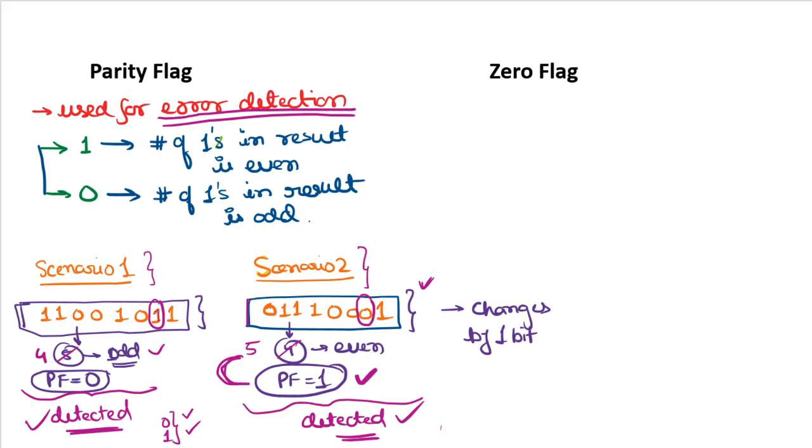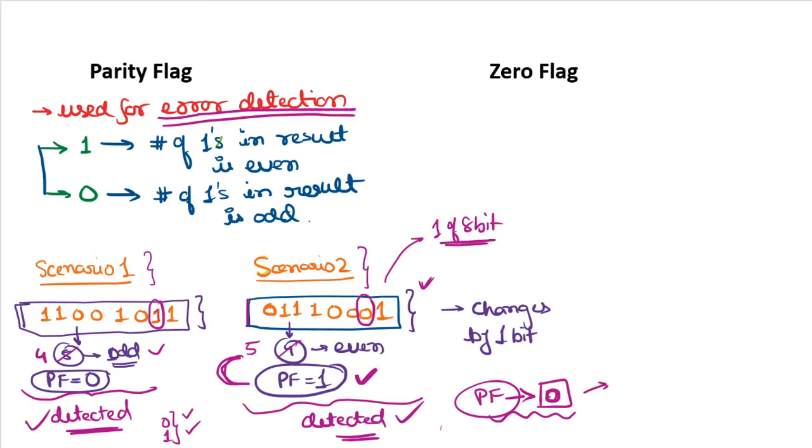Now the question might come, like, let's suppose in the spike the parity flag also changes from 1 to 0, right? Now that is a valid question, that might happen, but if you see the probability here, the probability of one of the 8 bits getting changed is high, right?